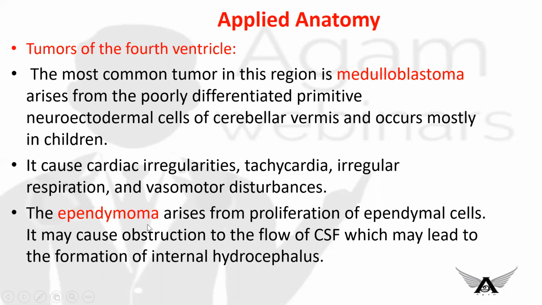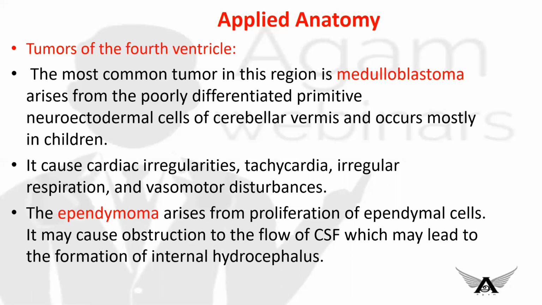There are two tumors of the fourth ventricle. First is the medulloblastoma. It arises from the neuroectodermal cells and is found in children. Then the ependymoma, which arises from proliferation of ependymal cells which line the cavity of the fourth ventricle. Any tumor which occurs in the ventricles will obstruct the flow of CSF.